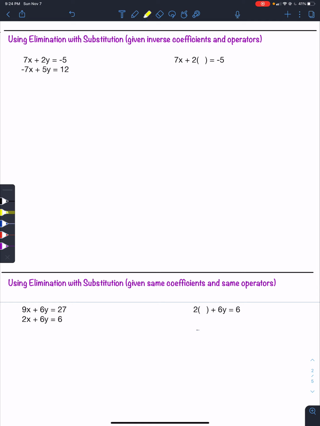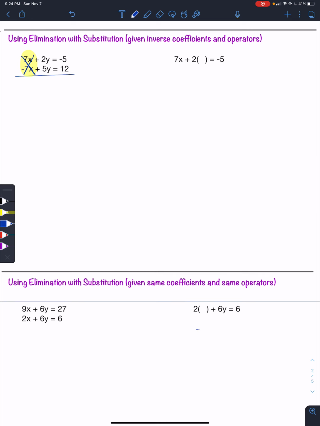So we have positive 7x and negative 7x. 7x minus 7x, well, those get eliminated. 2y and 5y, those combine to 7y equals 7. Divide both of them by 7.